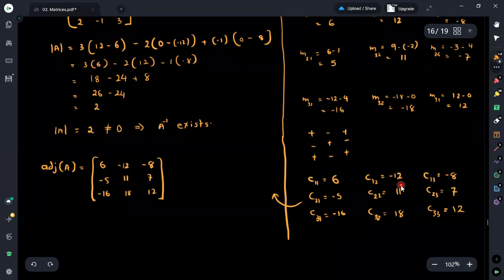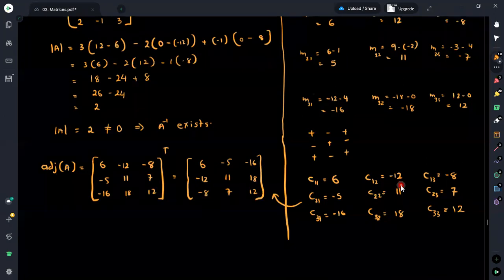It is simply the transpose of the cofactor matrix. Therefore, I can take the values in this way. Here it is 6, minus 12, minus 8, minus 5, 11 and 7, minus 16, plus 18.